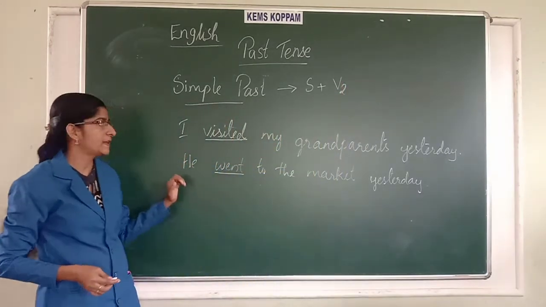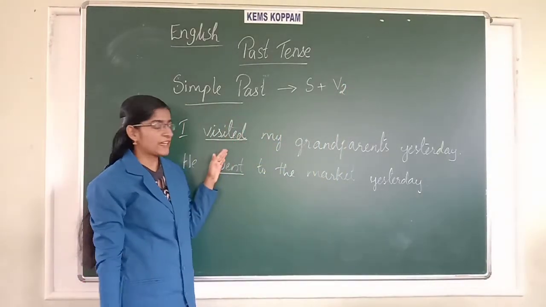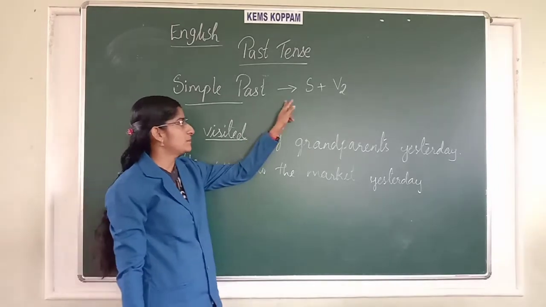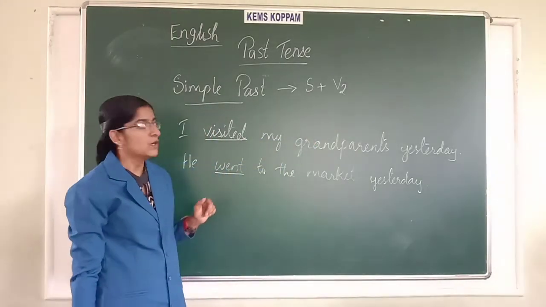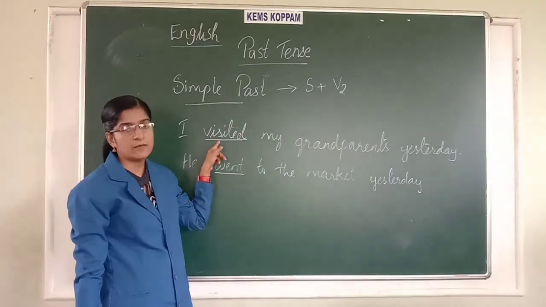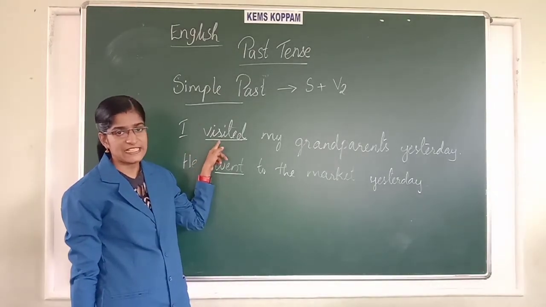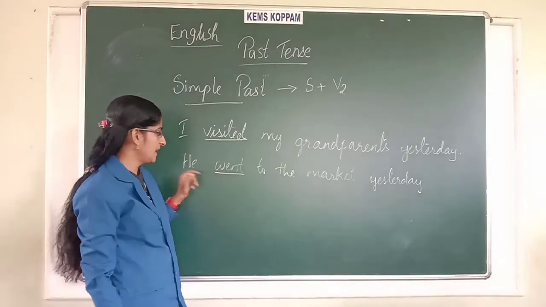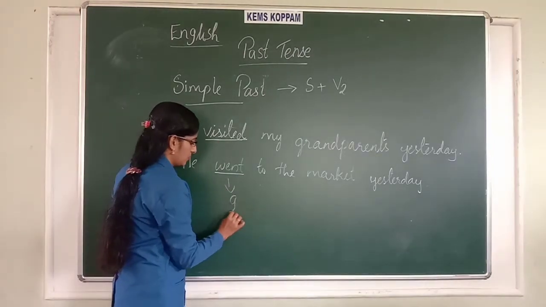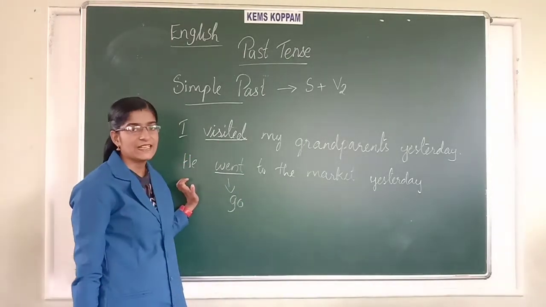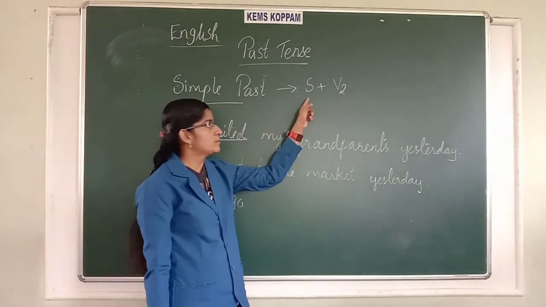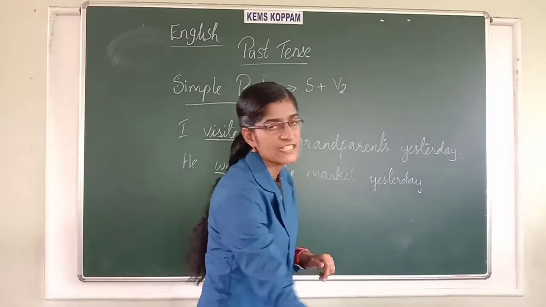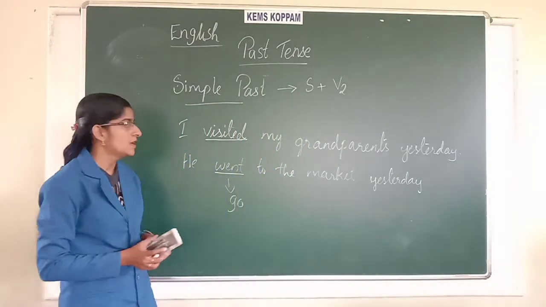So in simple past, the structure of a sentence is subject plus V2, the second form of the verb. What is the first form of the verb visited? Visit. Went, go. Go, went, gone.